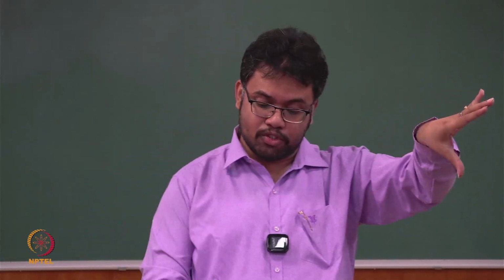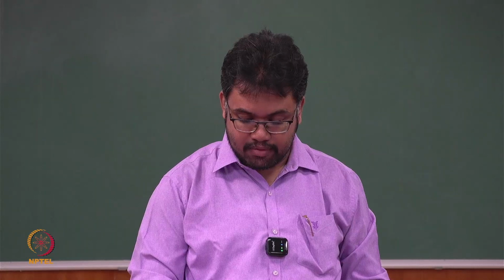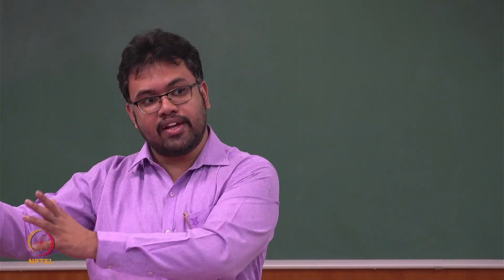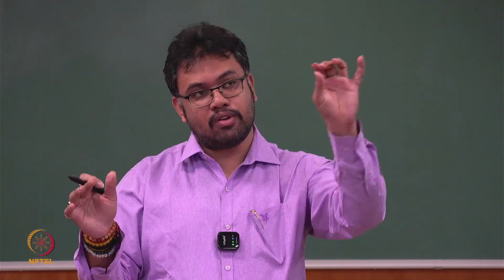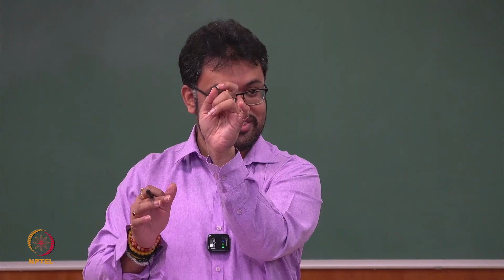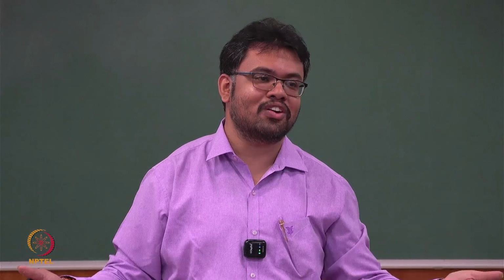Suppose instead of having it at this angle, you have it somewhere here, then you are mapping it to a system where you have a spring with some small link. That link has not actually vanished, but at that point only you will see that both things are not coupled.